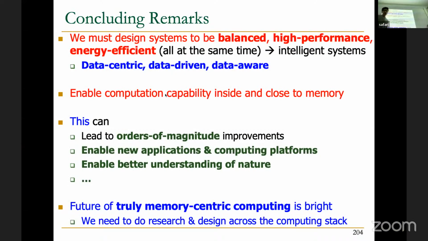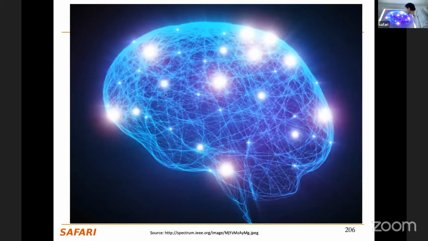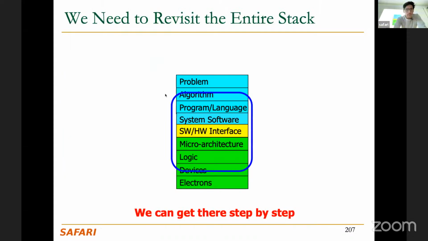Thank you, Yahya. Okay, so this is the future, and we expect that these memory-centric computing systems will become a reality, or will continue becoming a reality, very soon. Fundamentally better architectures that are data-centric, data-driven, and data-aware, and maybe someday as nice and well-designed as our own brains, right?